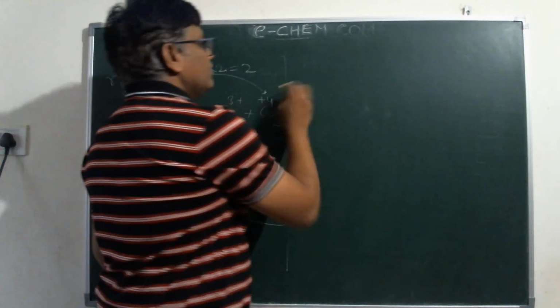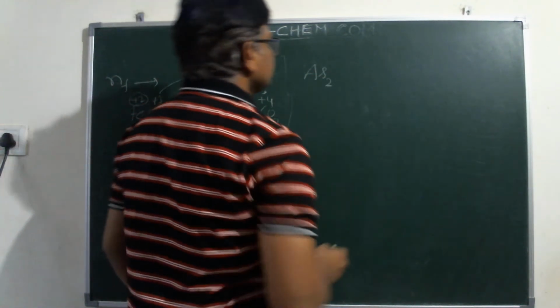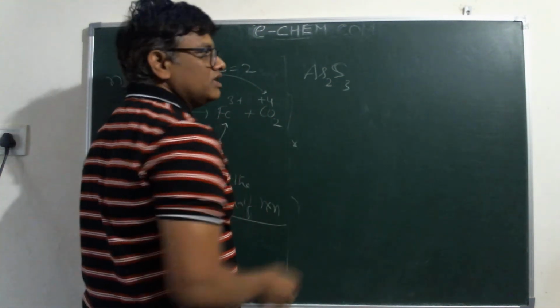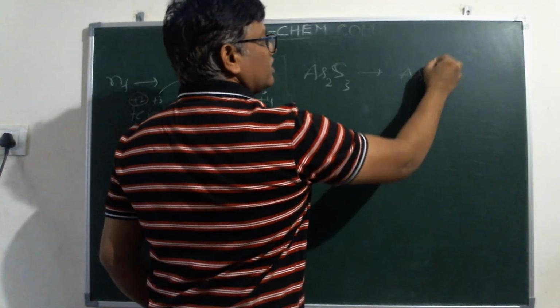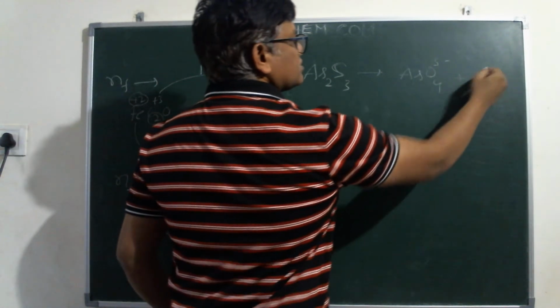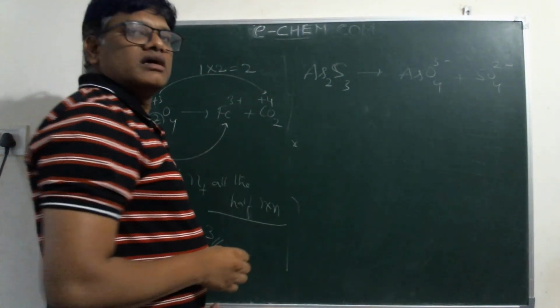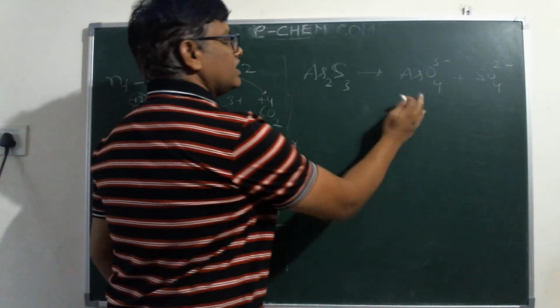For example, I am taking here As2S3 converting into AsO4 3 minus plus SO4 2 minus. This is the reaction I am taking. Let's find out which type of reaction it is, oxidation or reduction.